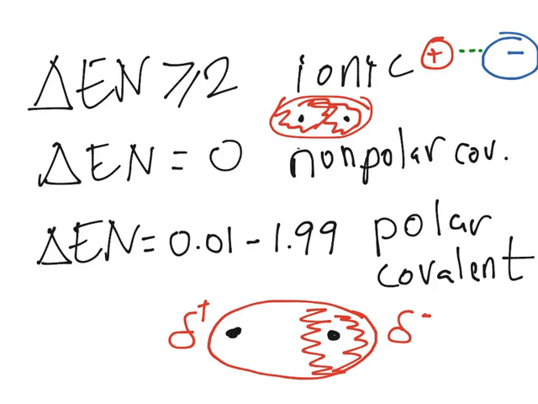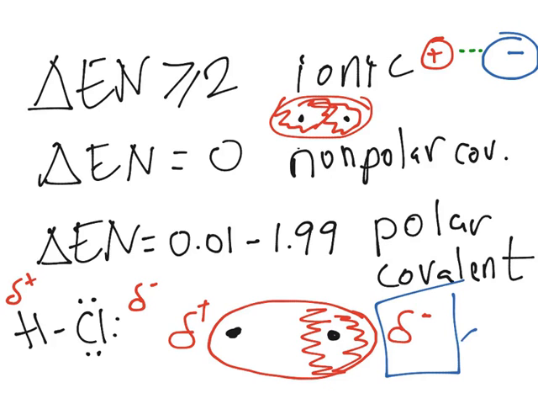Let's say you think of something like HCl. You have a covalent bond there, they're sharing, but the chlorine will want more electrons than the hydrogen, so it can be considered delta negative. Those dots there are electron pairs, six electrons there. Then this hydrogen will be delta positive, just because the chlorine has a higher electronegativity and will pull more electrons. So it'll be considered partially negative.